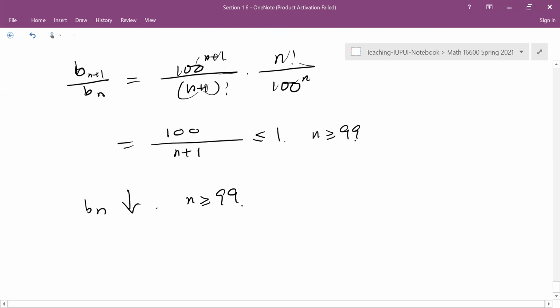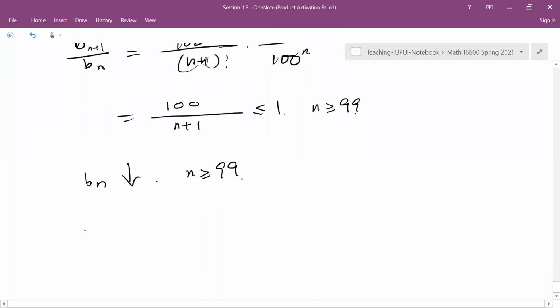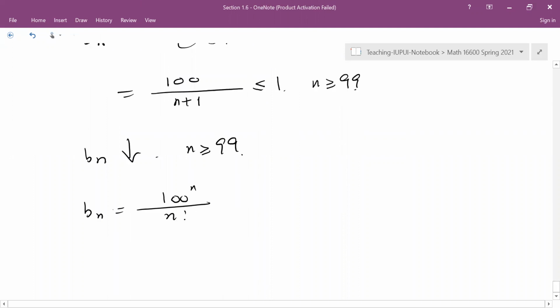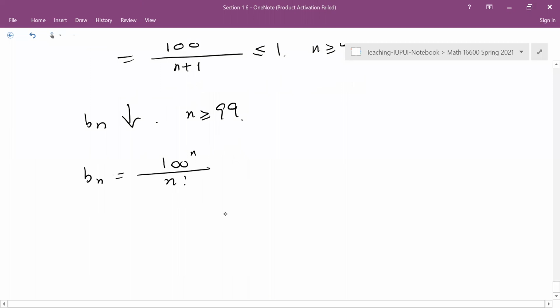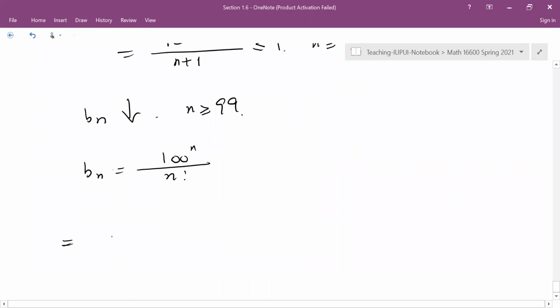The second, I have to prove this approaches 0. So Bn equals 100 to the nth power over n factorial. First of all, this is a pretty big number, right? So I'm going to choose a larger one: 1 times 2 times 3 all the way to n, right?